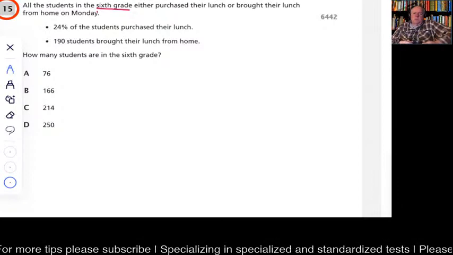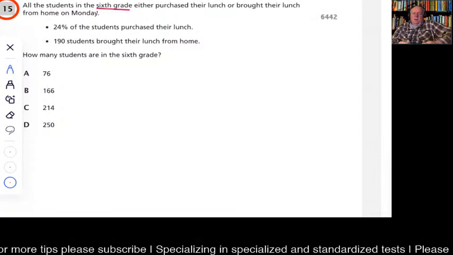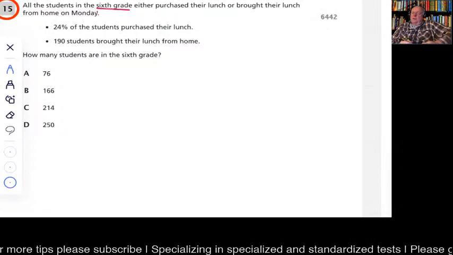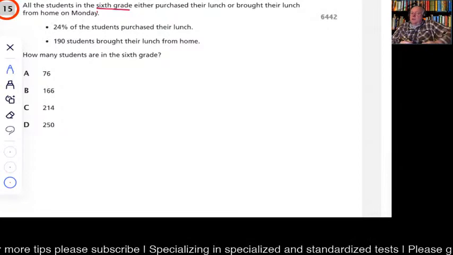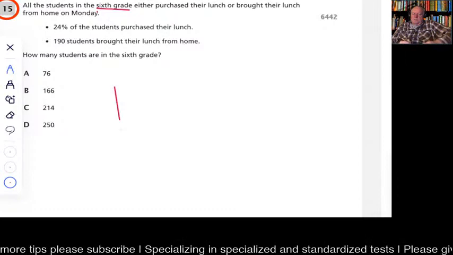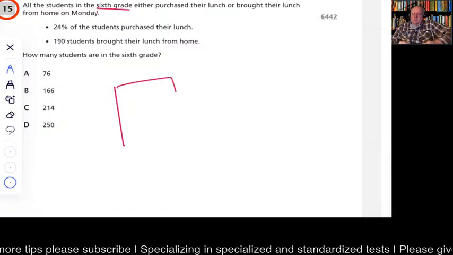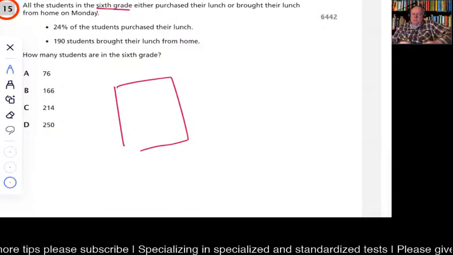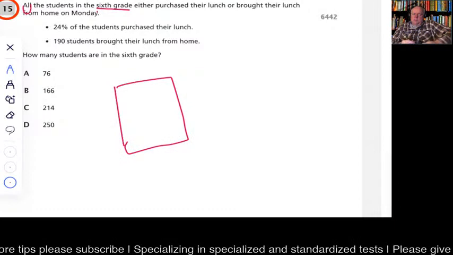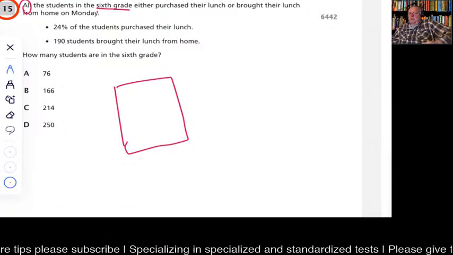All the students in the 6th grade either purchased their lunch or brought their lunch home on Monday. So what is going on there? They're telling us there's a universe. There's a universe here. And we know there's a universe because it says all 6th graders. So we don't care about anybody else. We only care about 6th graders.